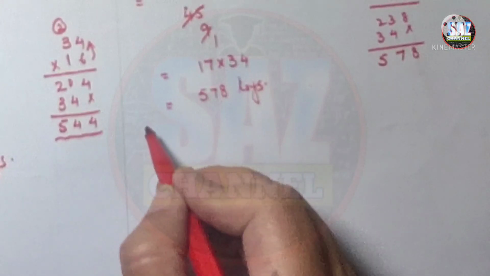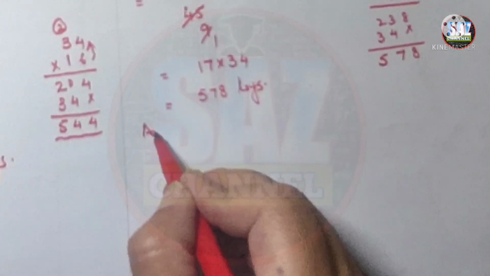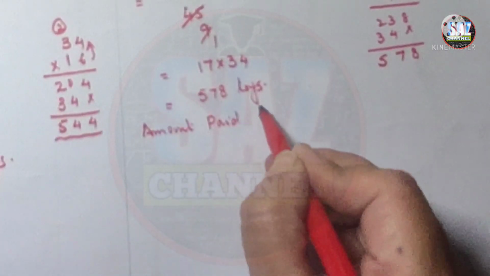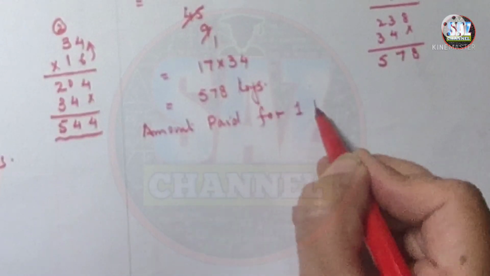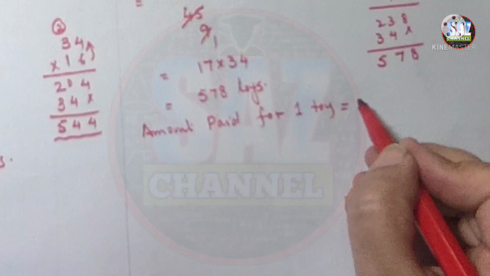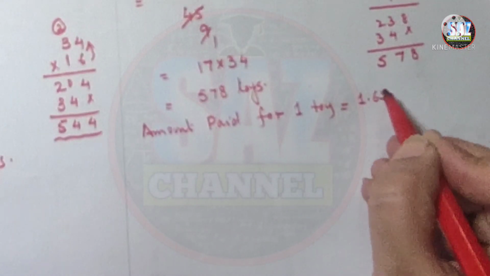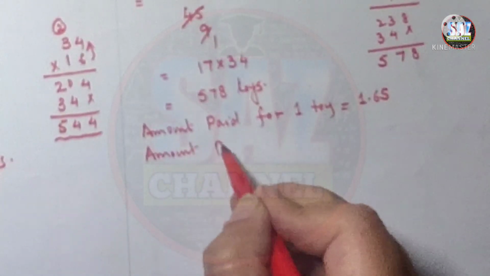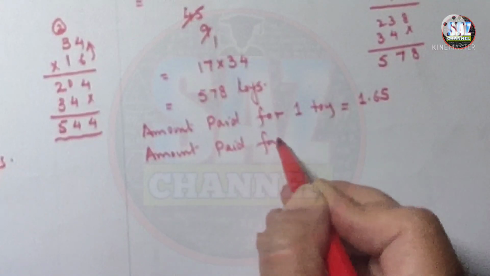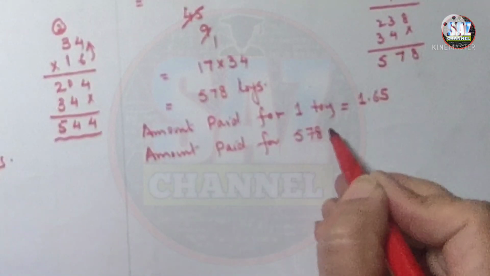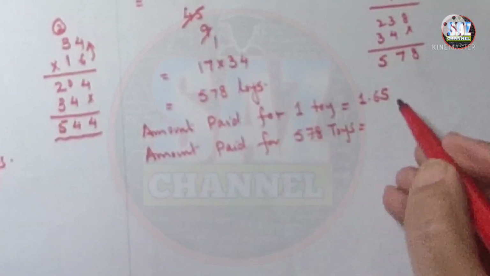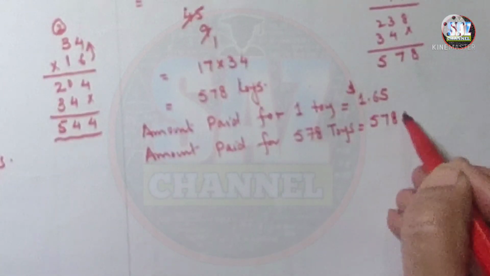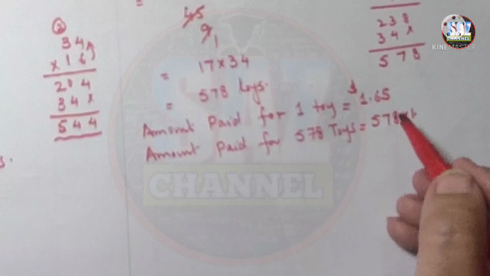The amount paid for one toy is 1.65, and the amount paid for 578 toys: the unitary method you can apply here, 578 multiplied by 1.65.